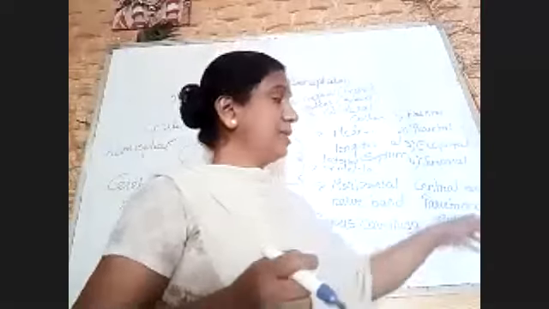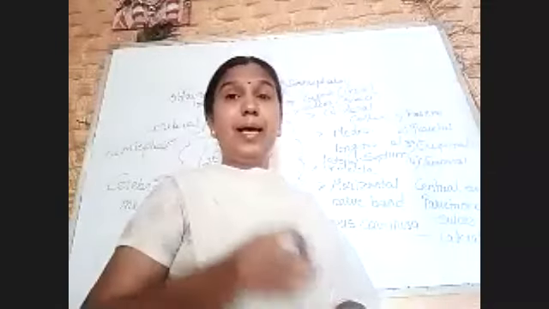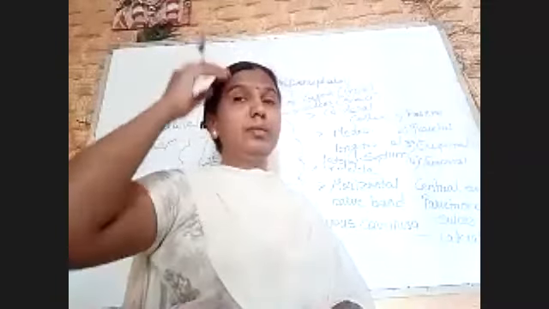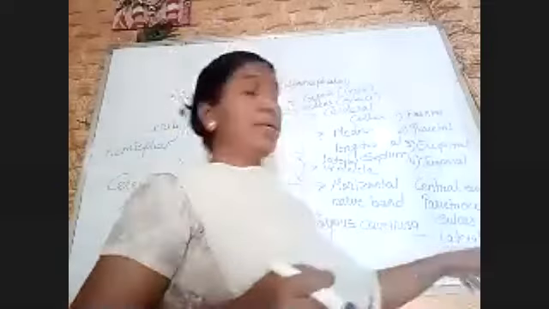Then between the parietal and the occipital, the parieto-occipital sulcus is there, and the sulcus present between the parietal and the temporal is called the lateral sulcus.